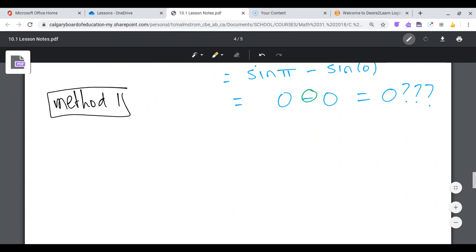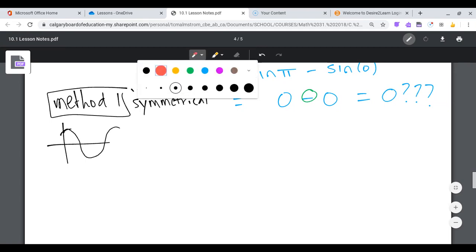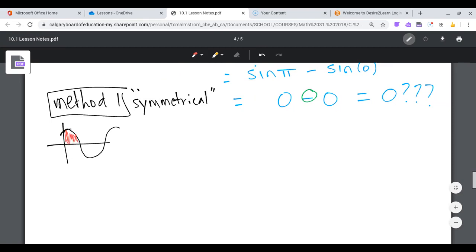I'm going to say, well, I notice that it's symmetrical, just the way that they have drawn it, or given me my boundaries, I should say. That's the wrong graph. There we go. Okay, so this piece right here is exactly the same as this piece right there.